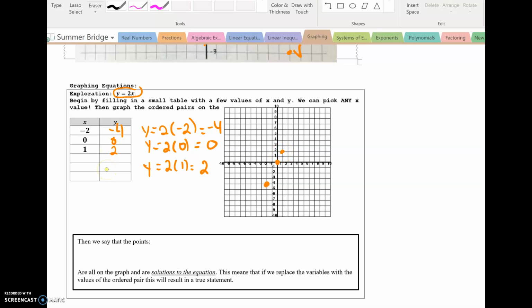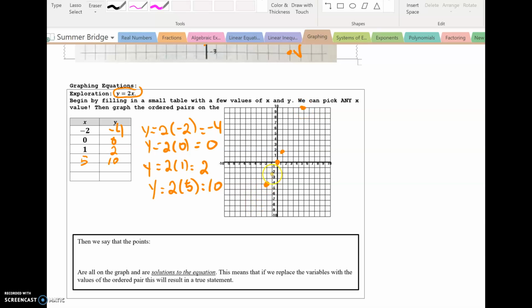And you could keep plugging in numbers. For example, if I were to jump ahead a little bit and plug in 5 for my x value, we would get 10. So the ordered pair 5, 10 is the address of the next point, and that would be up there.